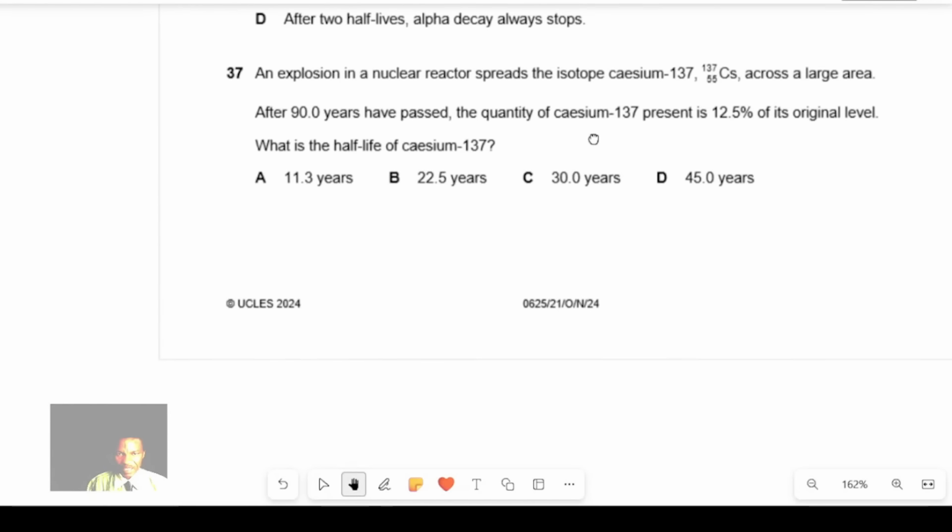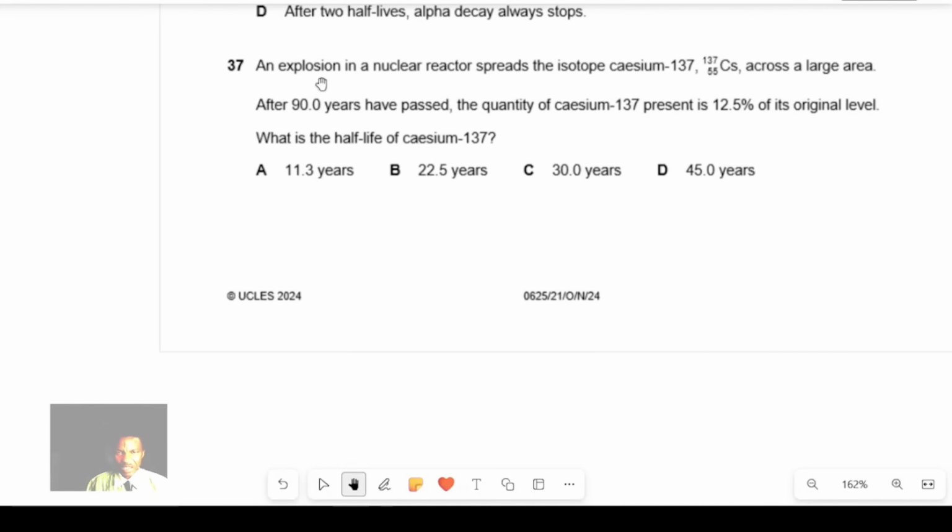Question 37. An explosion in a nuclear reactor spread the isotope caesium-137 across a large area. After 90 years have passed, the quantity of caesium present is this fraction of the original level. What is the half-life of caesium-137?